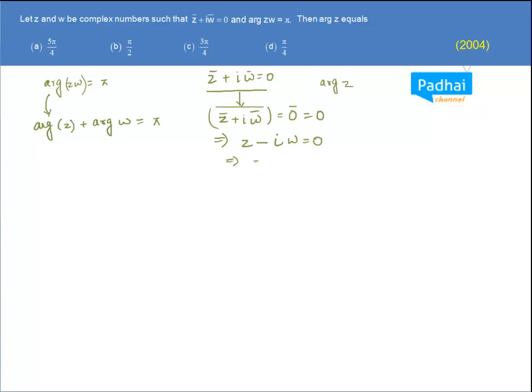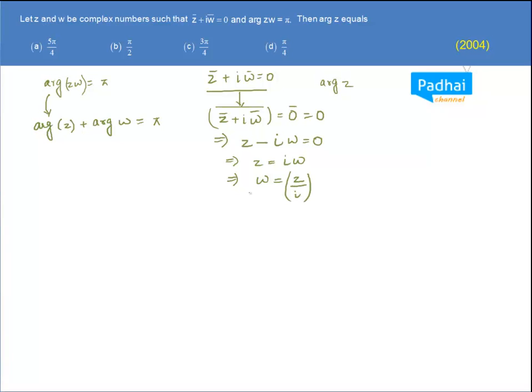So that implies Z is equal to iota omega, or if I'm saying omega, though it is not omega, so don't get confused by it. Unless and until it is stated that the W represented over here is omega, you should not take it as omega. Okay, so that means W is equal to Z by i.